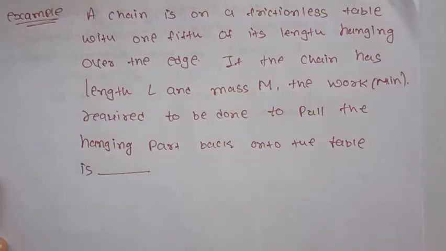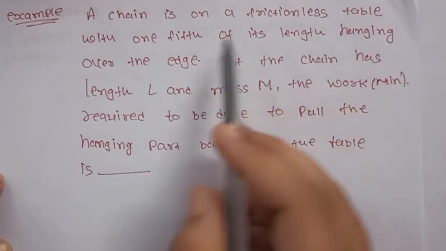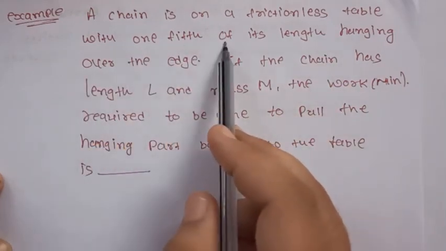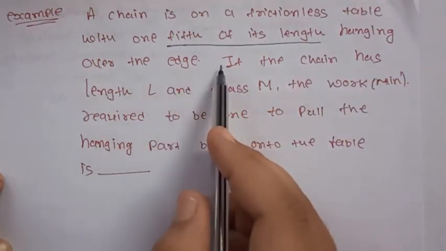Now let us see one example based on the formula that we have just seen. A chain is on a frictionless table with 1/5 of its length hanging over the edge.